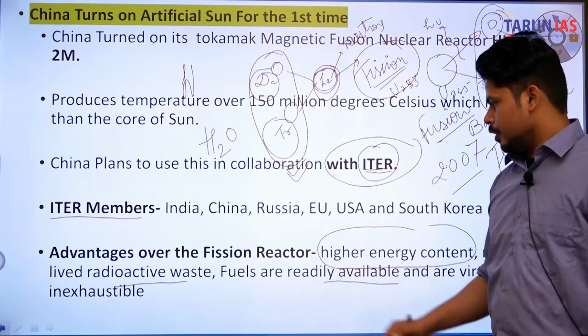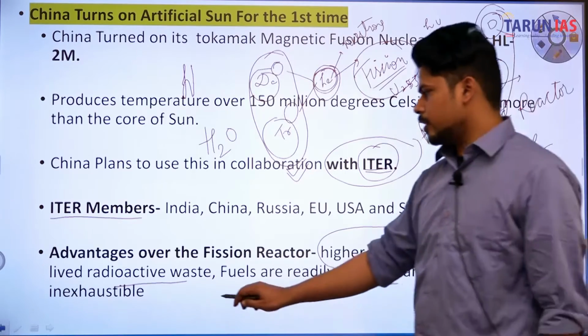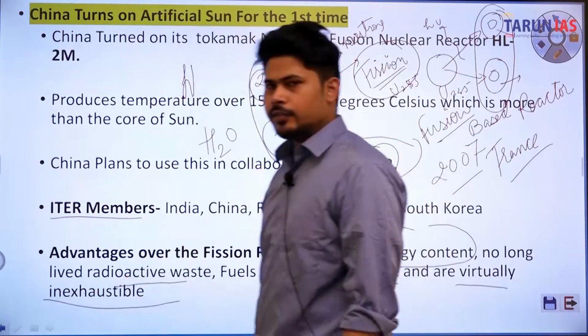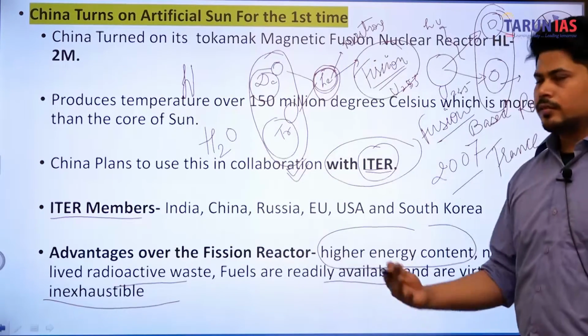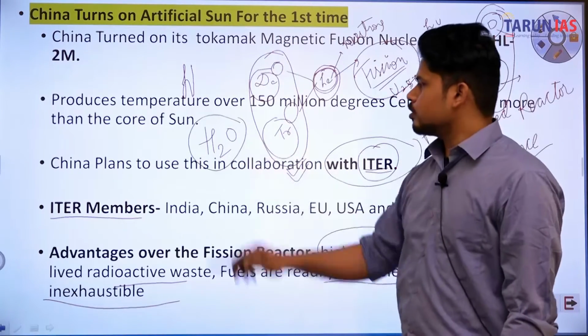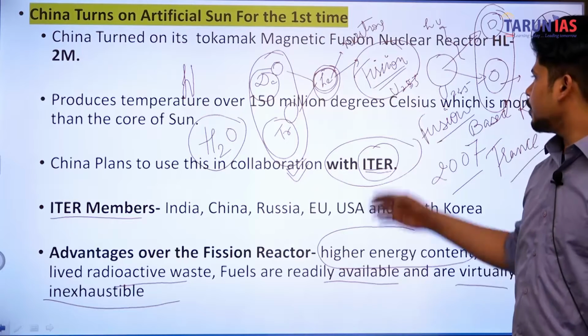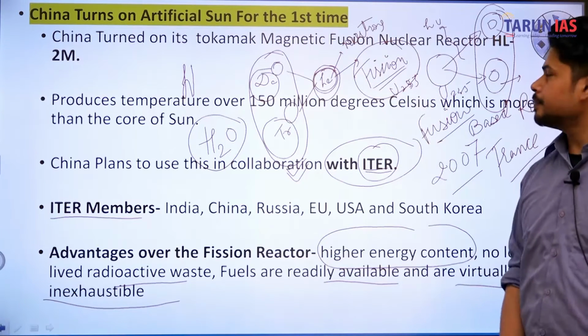Okay, so what are its advantages? And virtually inexhaustible. Inexhaustible in the sense they are readily available, and we can produce as much deuterium and tritium as we need as compared to the uranium. Okay?